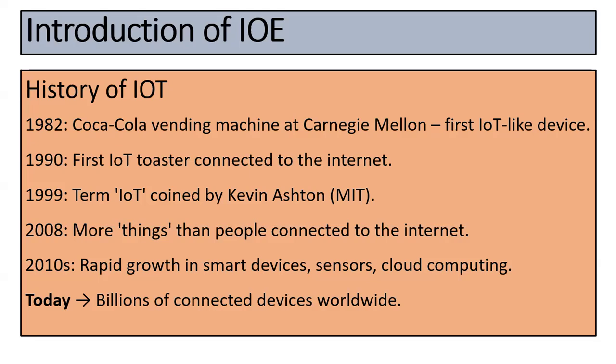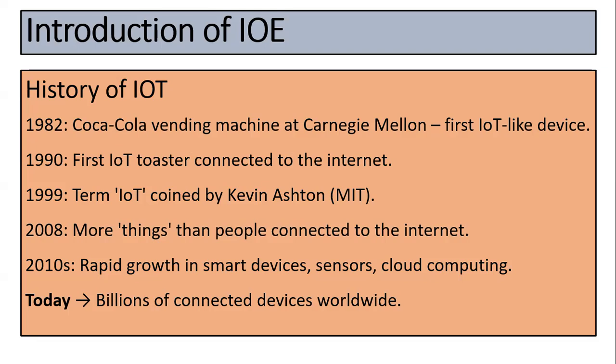So that was the data being transferred, and based on the availability of cans in the vending machine, the filling of the machine was happening. Means if the vending machine is empty, it gives an alert message to the vendor. The vendor will come back and fill the cans in the vending machine. This was the first IoT-like device, which evolved in 1982.